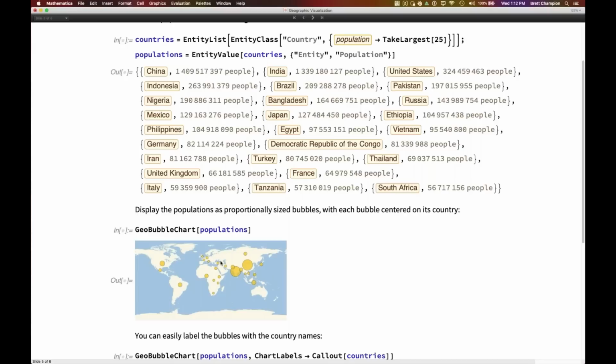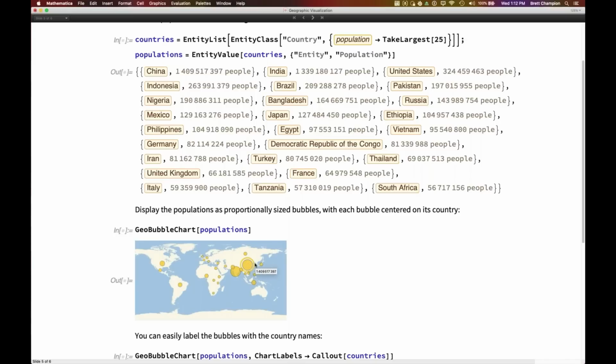In the case of something like a country, a large region and not just a single point, we need a single point to place the bubble, so it's put at a center for that location.